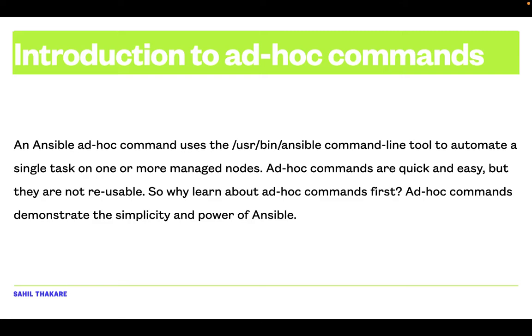In that scenario, you won't go back to your playbook and write a task for restarting your VM. Or if you just want to check the connectivity, whether your client machines are available or not, you won't bother to write a playbook for that, right? So ad hoc commands are nothing but a command line utility which the Ansible master can use to communicate with its clients, and it uses the Ansible binary.